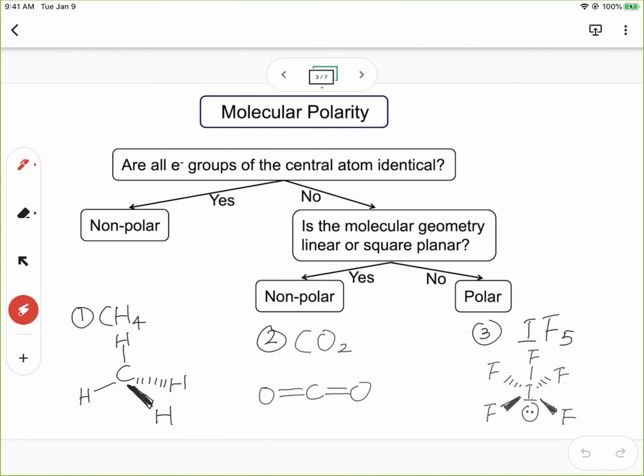Now, let's ask ourselves the first question: are all electron groups of the central atom identical? Central carbon, four CH single bonds. Therefore, these four bonds are identical. The answer is yes, so it's a nonpolar molecule. Let me label it: nonpolar molecule.